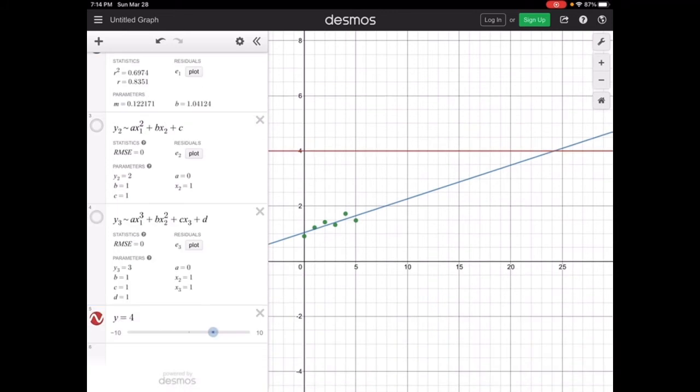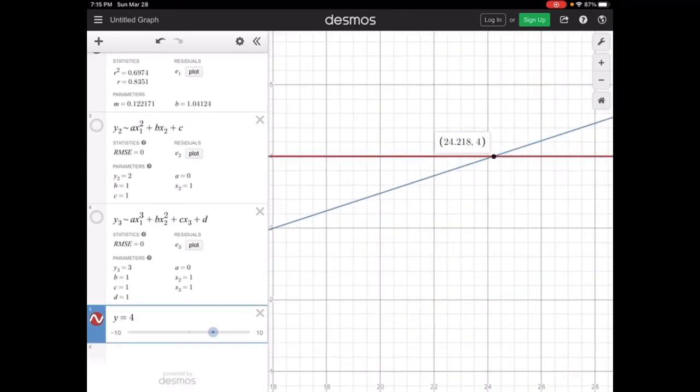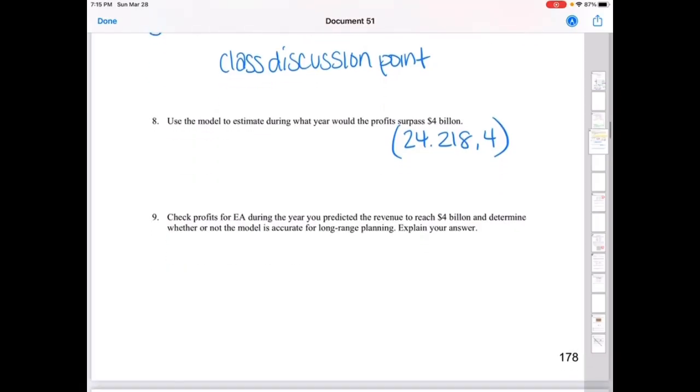So now I can at least pinpoint exactly where it's equal to 4. So here I have 24.218, comma 4. And here, this would be the years after 1998. So if we were to calculate what year this would be, it would be the year of 2022, and we would be at $4 billion in revenue.